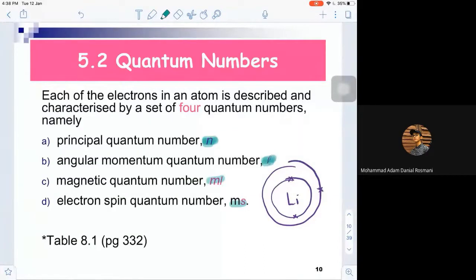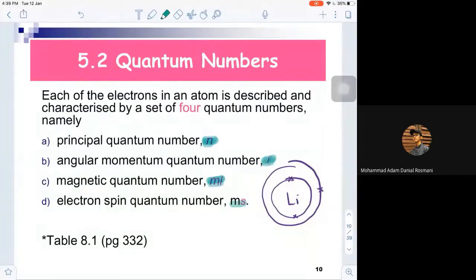The third one is the magnetic quantum number, ML. We also found this ML when we learned there are 3 orientations of the p orbital and 5 orientations of the d orbital in space because of the ML value.